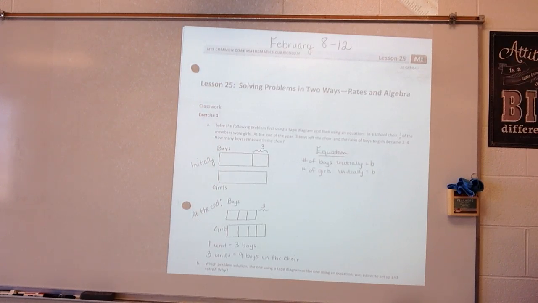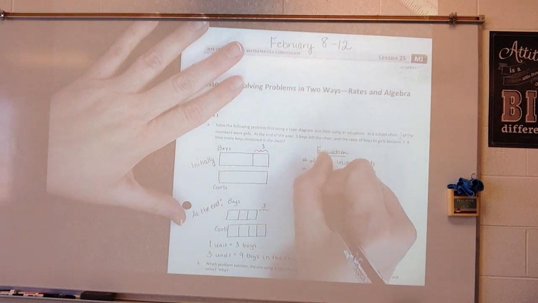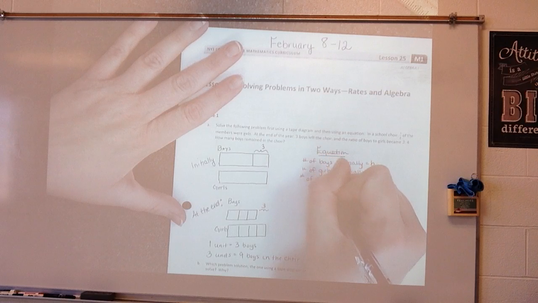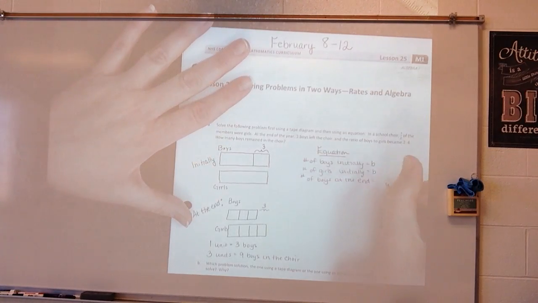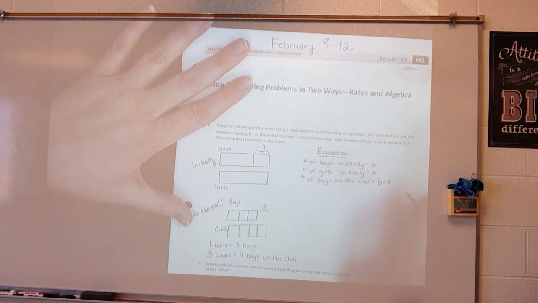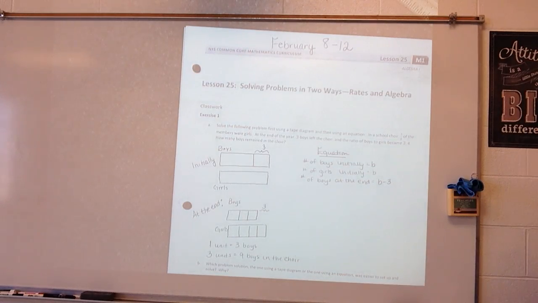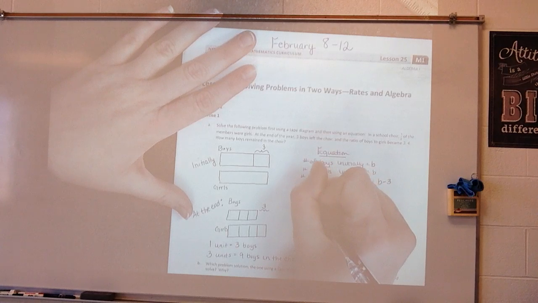At the beginning, it was the same amount. Now the number of boys at the end of the year would be B minus 3, because 3 boys left. The ratio of boys to girls at the end of the year was 3 to 4.